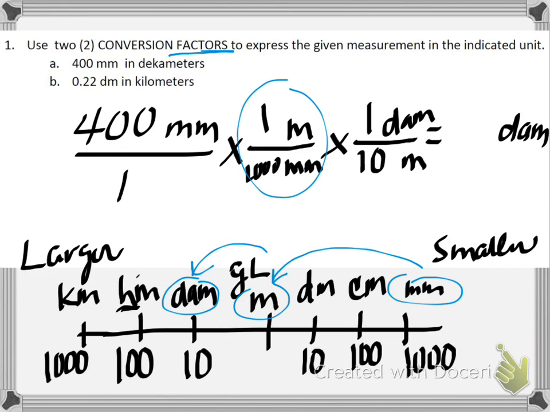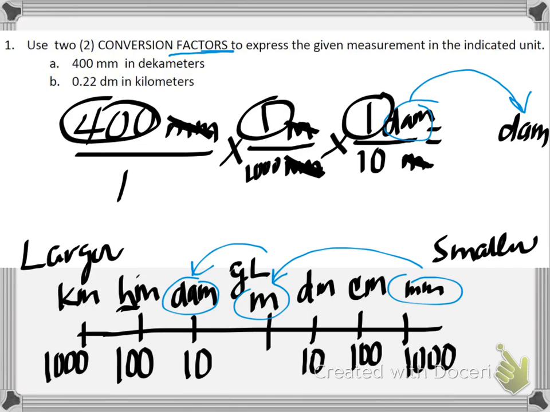So once again, each of these is a conversion factor. And we're going to now go ahead and cross cancel. These 2 cancel out, and the meters cancel out. That leaves us with just the decameters, which goes into our answer. Then we're going to multiply. 400 times 1 times 1 is 400.